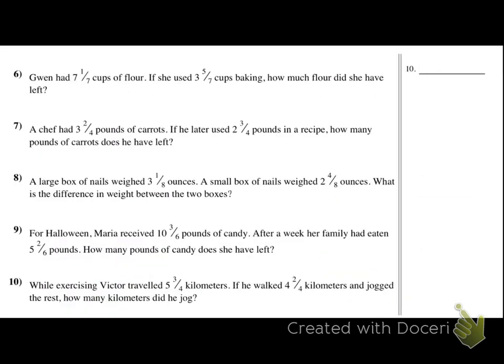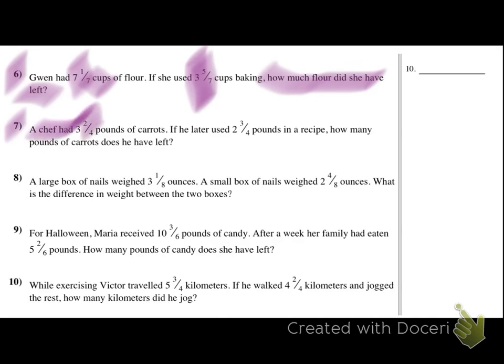Next one here, number 6, Gwen had 7 1/7 cups of flour. If she used 3 5/7 cups baking, how much flour does she have left? Number 7 here, a chef had 3 2/4 pounds of carrots.